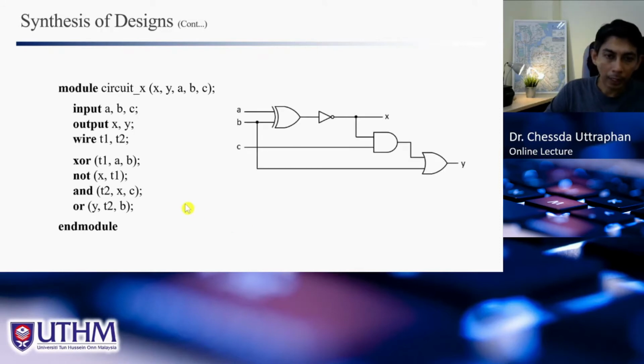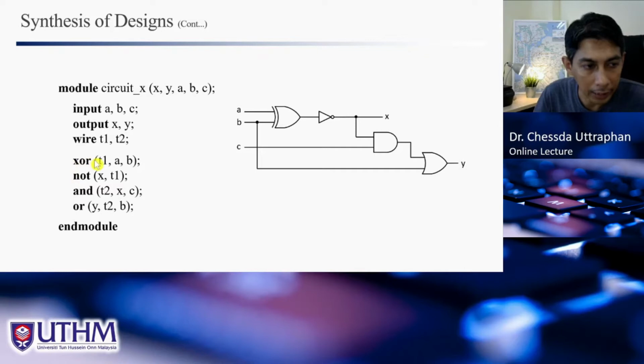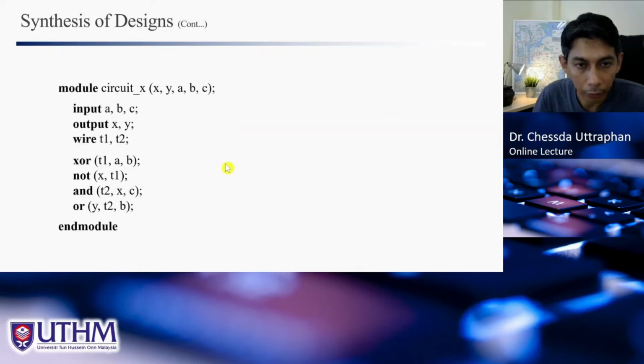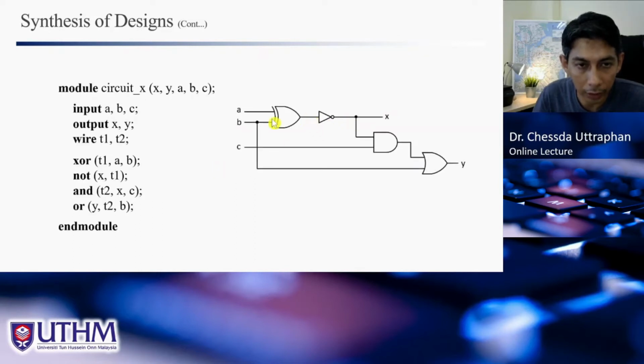Second one is the same circuit actually, but this one is using the structural modeling, right? Where we instantiate the gates, and same thing, we will get the same circuit. And of course, here we need to label the signal. This one, no need to label because we have the relation between X and AB, but here we need to label because we want to do the connection between this and this not gate.